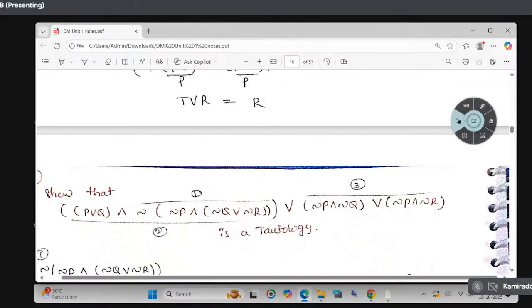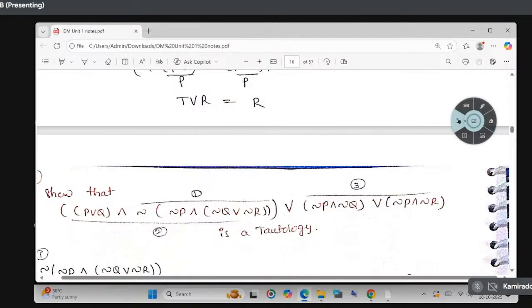Negation. First apply De Morgan's law, then go for double negation. You will get your answer. Just tell me. Has anyone done it?